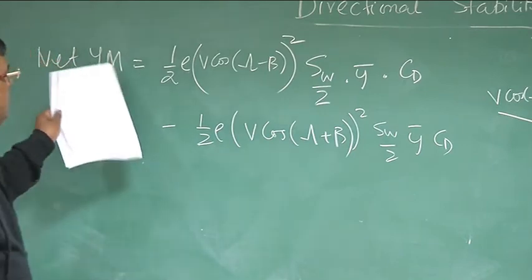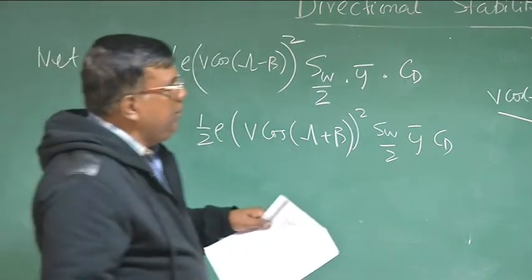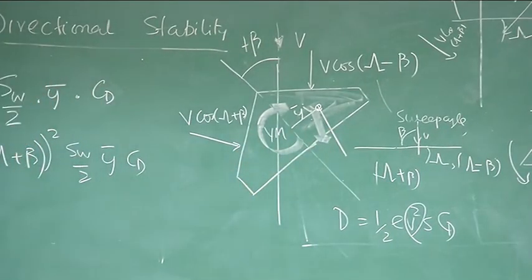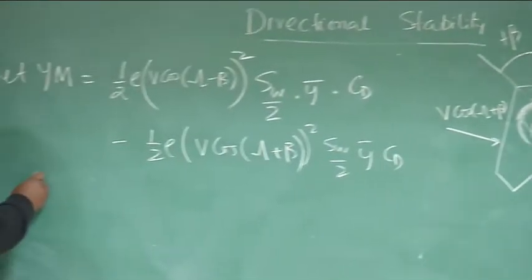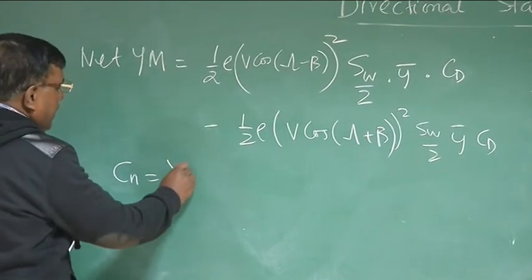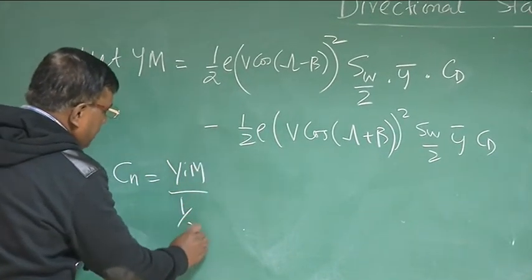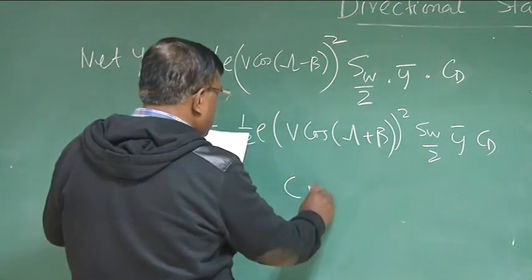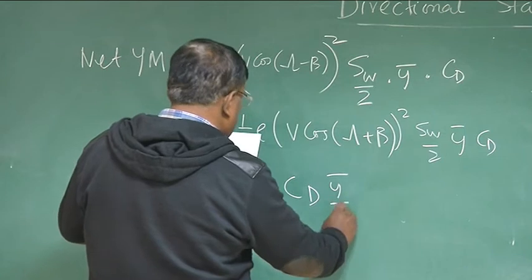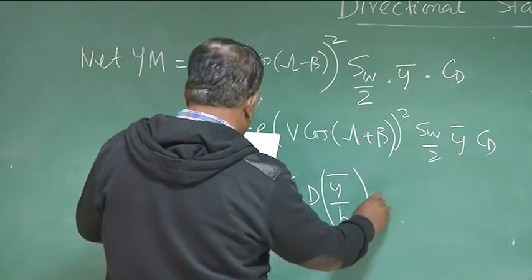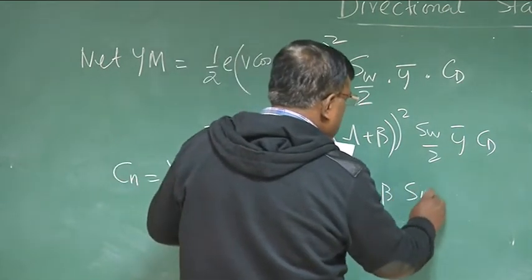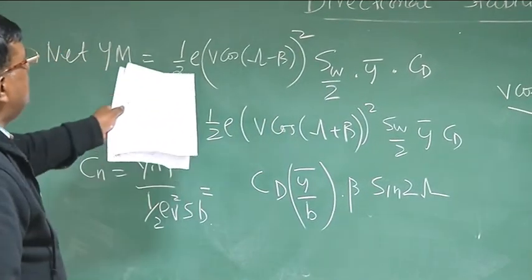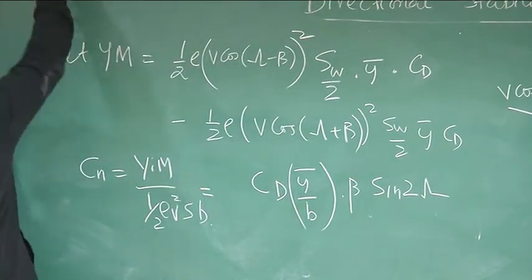So this is the net yawing moment coming because of differential drag between this wing and that wing. Then I will find Cn by dividing the yawing moment by half rho V square S b. As I told you, you have to derive it: y bar by b, beta, sine 2 lambda.